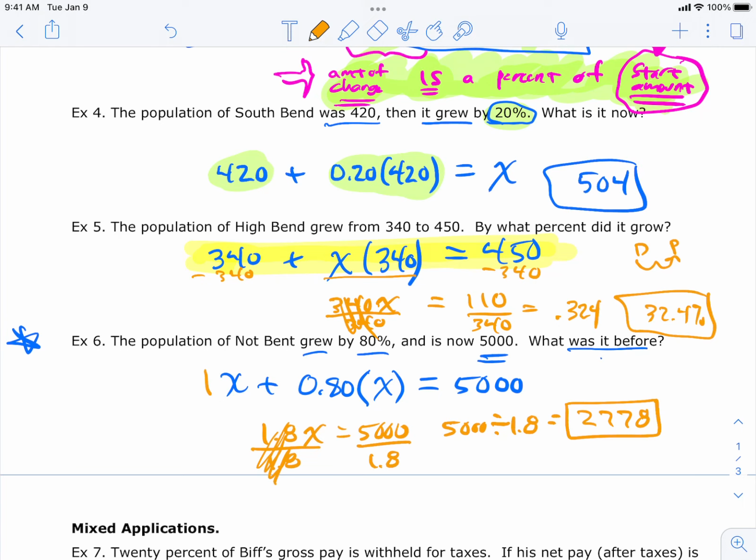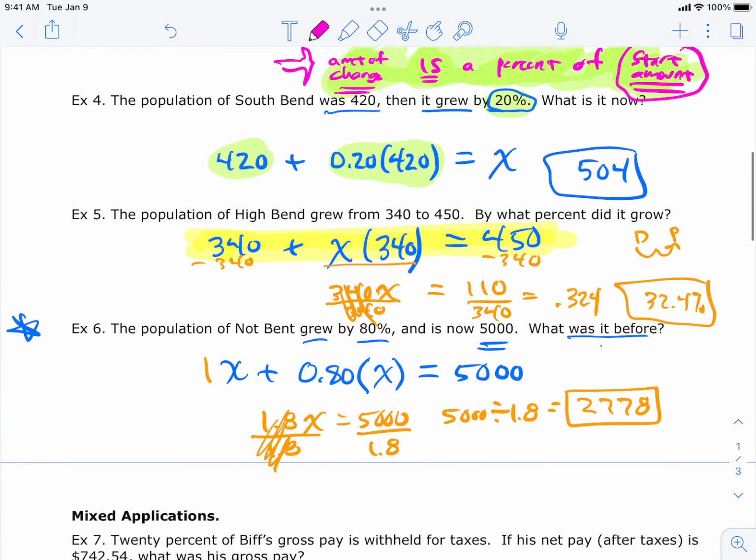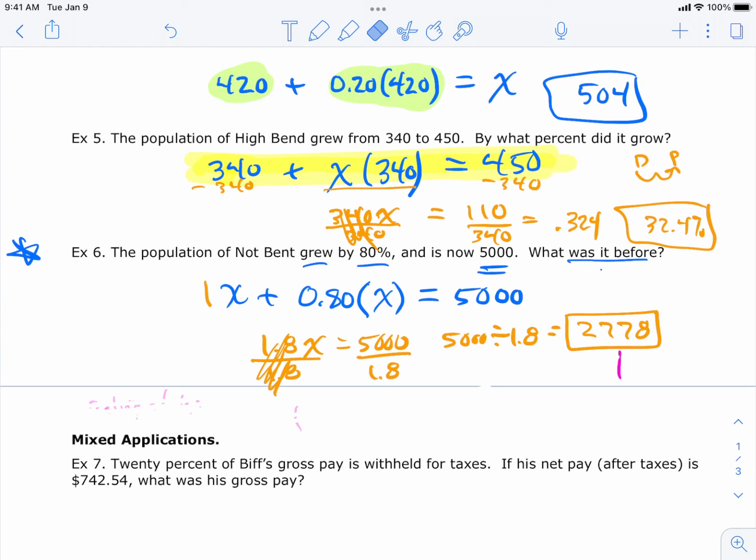Now, let me prove to you, or at least make it seem like the answer is reasonable. How do we check for reasonable? How about the 10%, 1% reality check? If it was 2778 and it grew by 10%, it would grow by 277.8. Remember, to do 10% of anything, you slide the decimal back one because you're multiplying by 0.1.